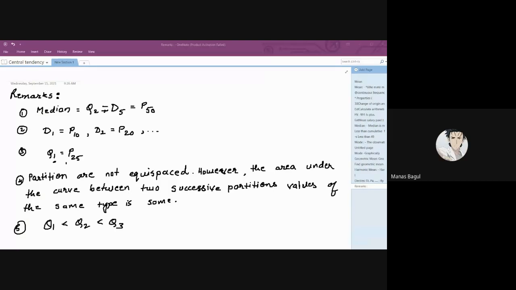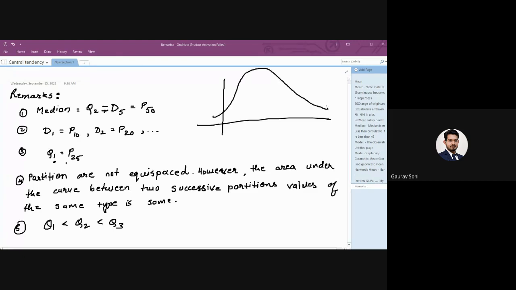Explain the fourth point, partitions are not equally spaced. I didn't understand it. I'll draw the curve here. The curve is like this. If you look at the area, there is a large area concentrated in this part. If you add this and this area, it will be very much less than this part.